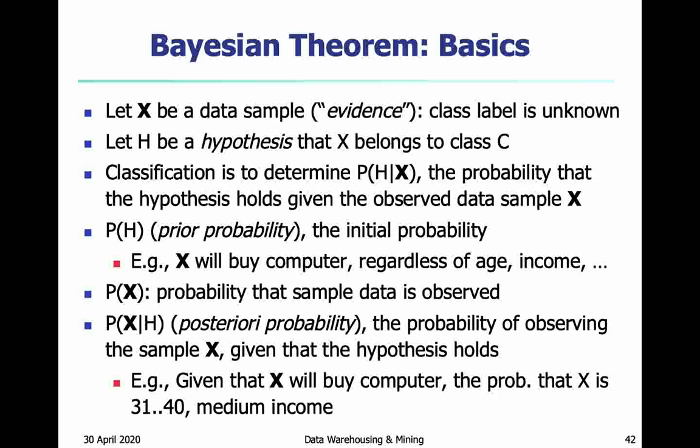P(H|X) is that the customer will buy the computer given that we know the customer's age and income.